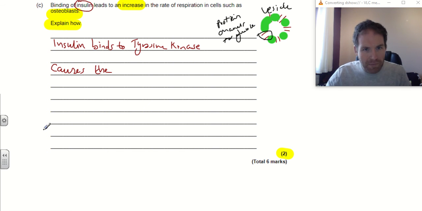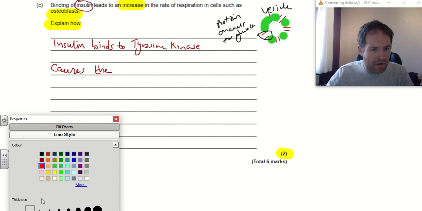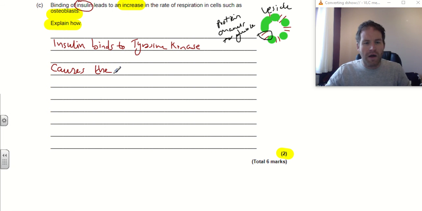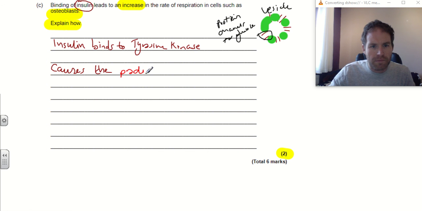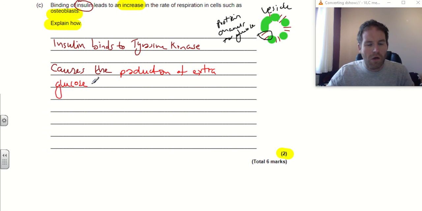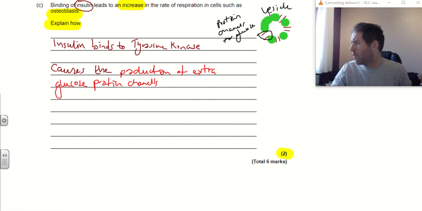So when the insulin binds to the tyrosine kinase, it causes the production of extra glucose protein channels. Okay, more of them.